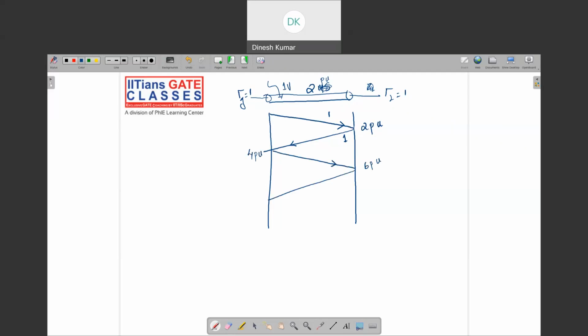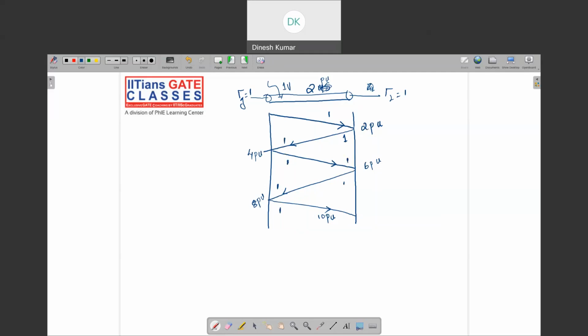It will reach here, something like 8 per unit. It will reach here, something like 10 per unit. Okay. So here also gamma g is also 1. So 1, 1, 1, 1, 1, right? Because everywhere it is 1.